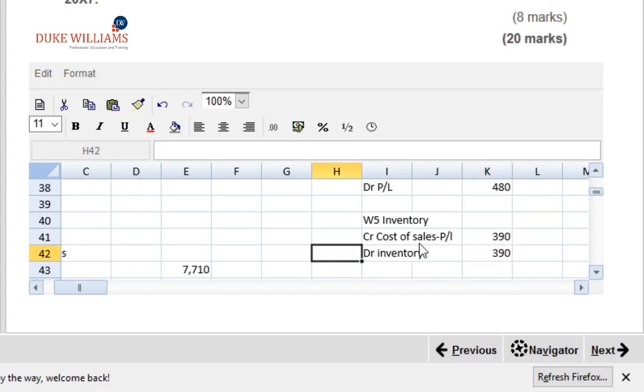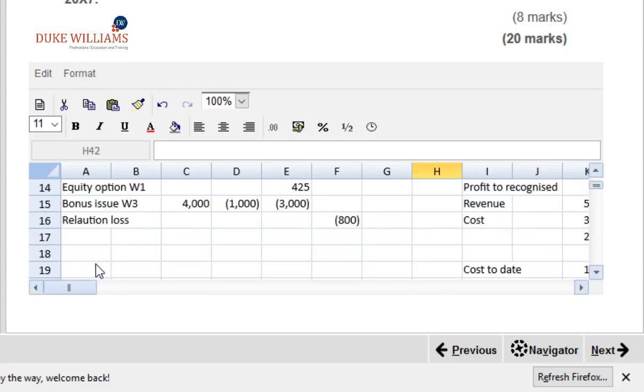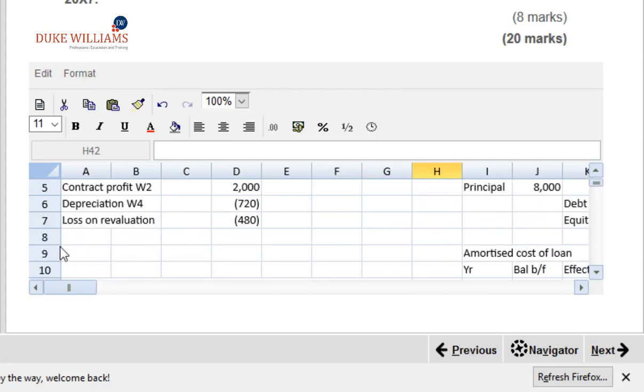There we have it. Let's quickly go and work this out in our P&L. So in our P&L, I'll have inventory omitted. That should be workings 5, and that should be equal to, okay, so that we can type it here, 390, and this should increase our profit back.